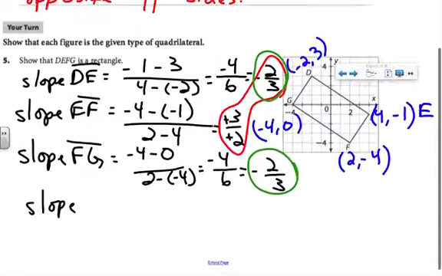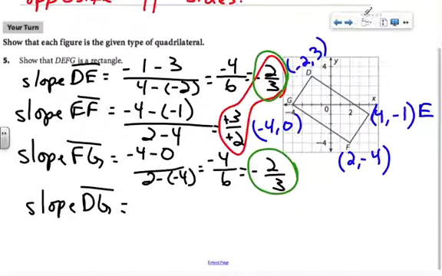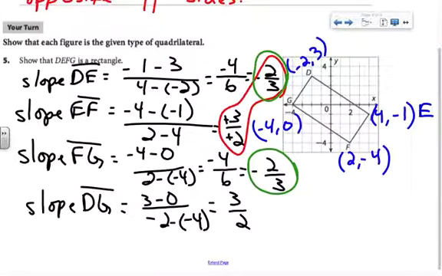Finally, slope of DG is 3 minus 0 over negative 2 minus negative 4. So that's 3 over 2. And again, notice those opposite reciprocal slopes.